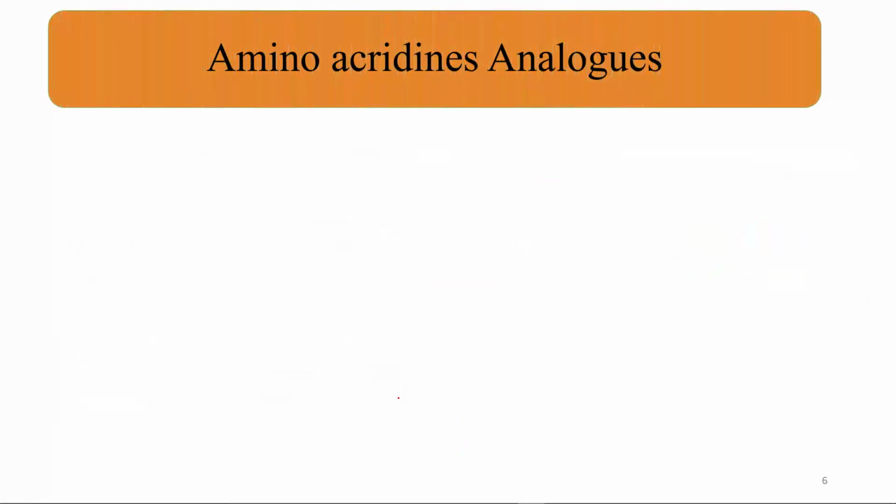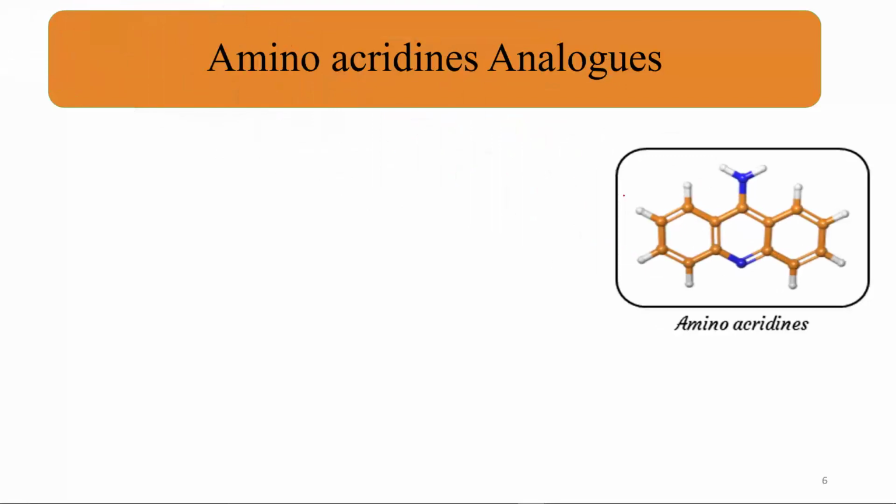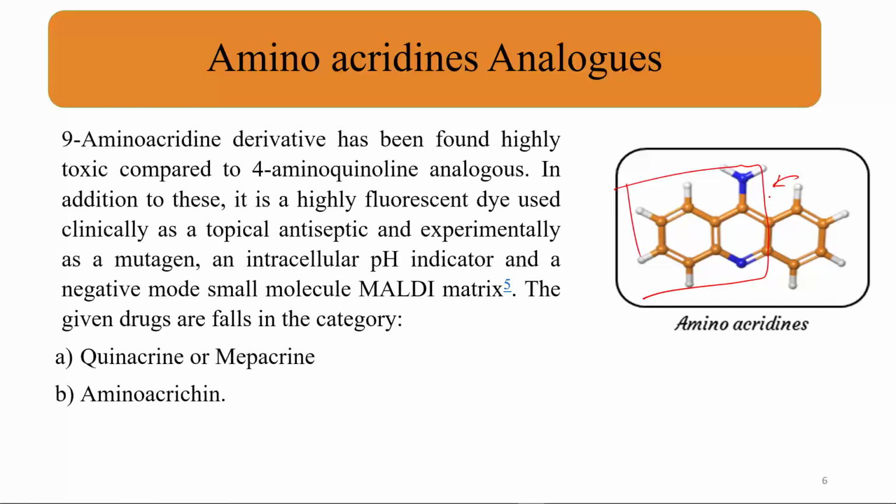Another analogue is aminoacridine analogues. In the aminoacridine analogues, one unit is 4-aminoquinoline and another unit is a benzene ring. The 9-aminoacridine derivative has been found highly toxic compared to 4-aminoquinoline analogues.